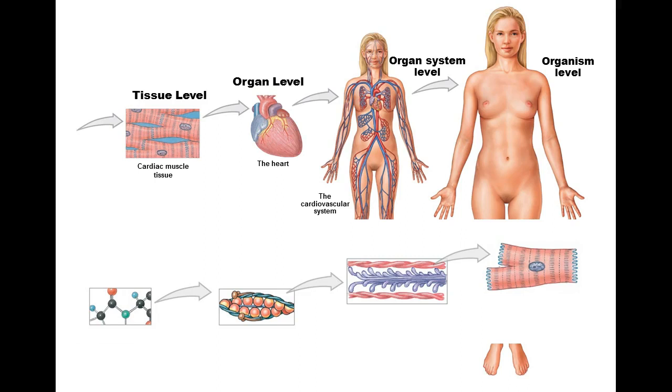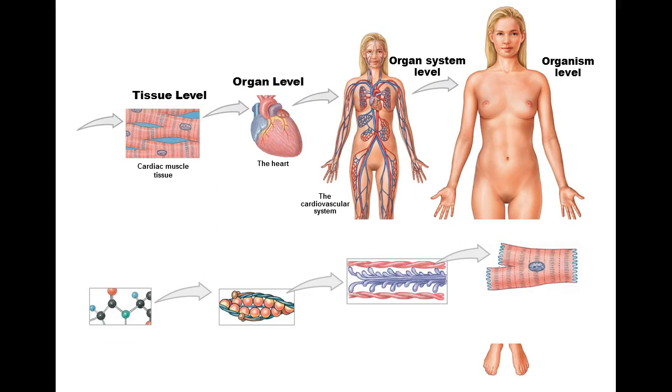A cell can exist on its own, doesn't do very much on its own, but it can exist on its own, and then you have cells get together to form tissue, and tissue is different types of cells getting together.